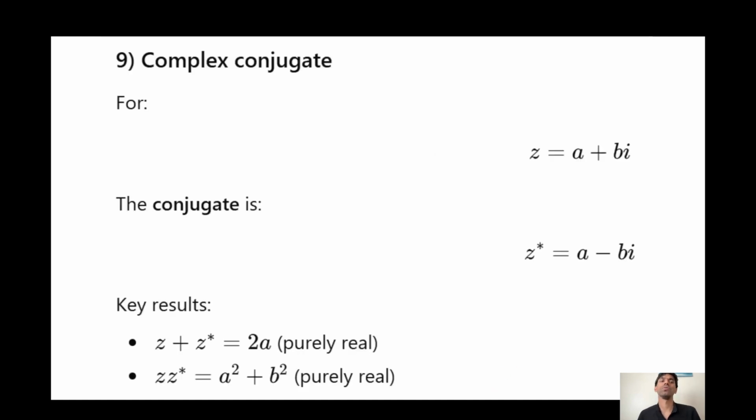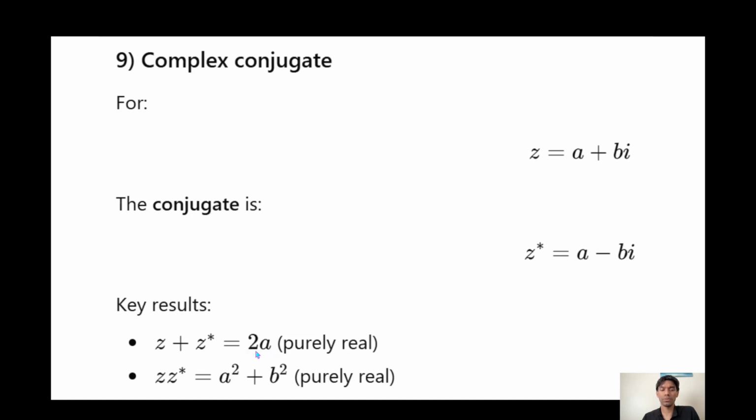Now moving on to complex conjugate. So here we have z is equal to a plus bi. The conjugate of z equals a plus bi is z star is equal to a minus bi. The key results from conjugates is that when we have z plus z star, this is equal to 2a.